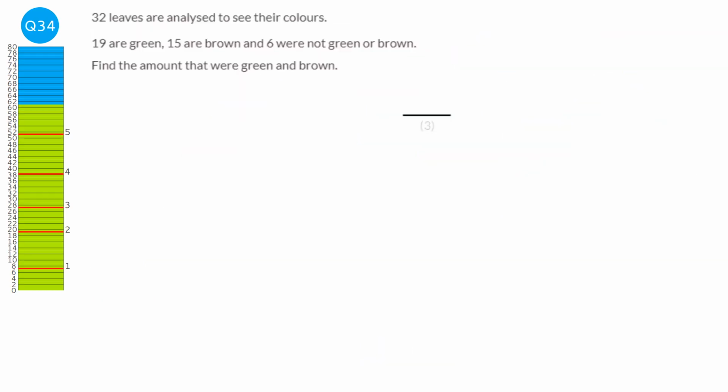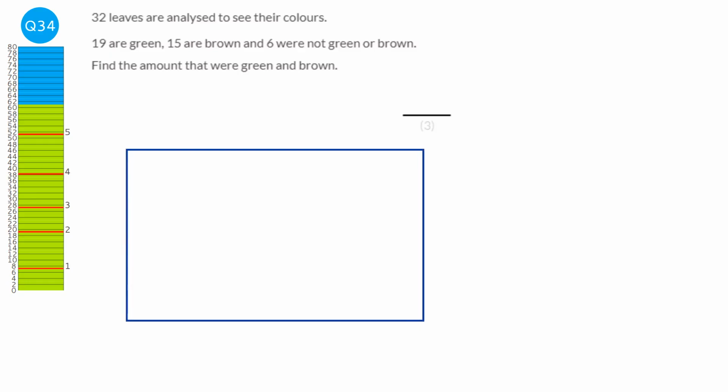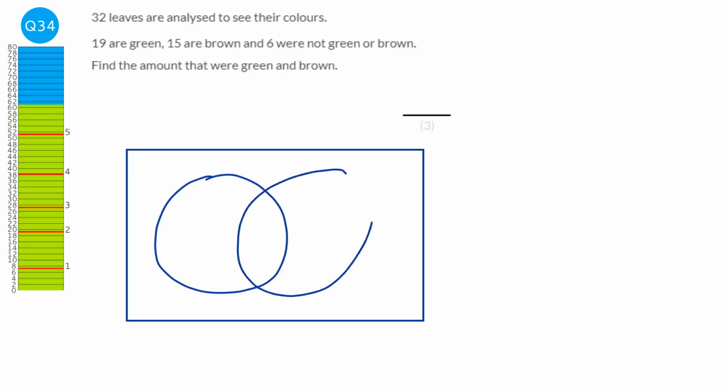We don't have to for this question, but it might be helpful to draw a Venn diagram for this. And we've got green and brown leaves. So we'll have green on the left and brown on the right. And we're told that there are 19 green and 15 brown and 6 that were not green and brown.